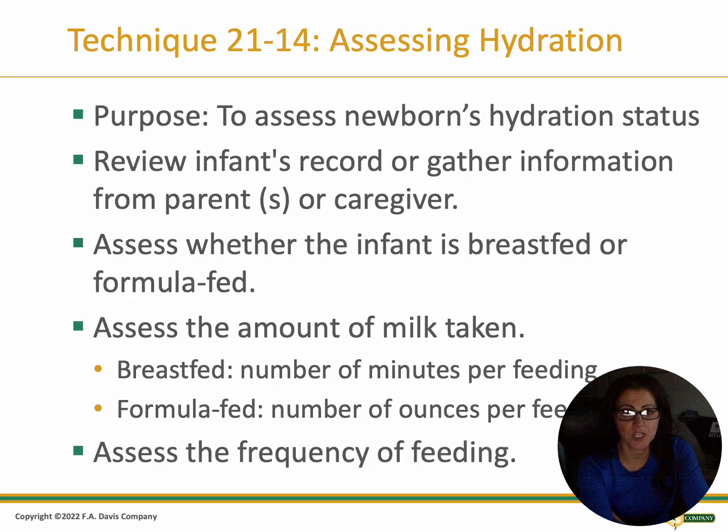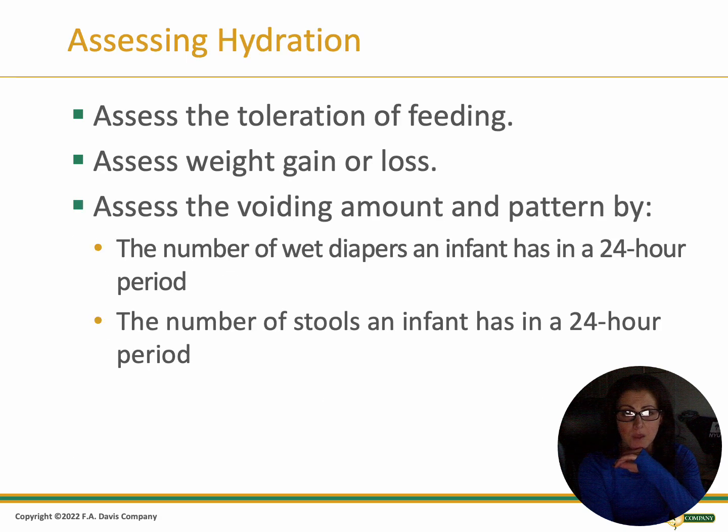When assessing hydration, especially if they're breastfed, we do have to assess their fontanelles. And again, like I said before, if the fontanelles are sunken, usually it indicates that they're dehydrated. But another way to determine hydration is by looking at their stool and counting the number of wet and dirty diapers.